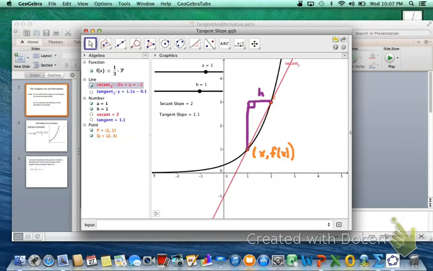I want a horizontal separation of h units here, which is just a generic number. And so that would make the x coordinate of this point Q h units greater than this x coordinate, right? So in other words, we could say it's x plus h. And then the y coordinate for that point Q would simply be whatever you get from plugging x plus h into the function f. So it would be f of x plus h.